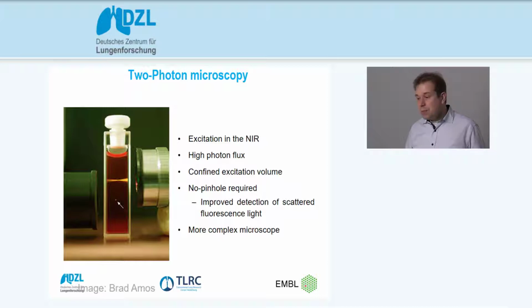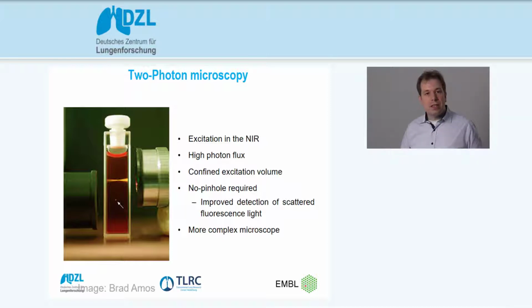This has the advantage that we can omit the pinhole in our system, and we can detect all the light that's coming back, and we know where it comes from because by excitation we have defined it. So in comparison to single photon excitation, where we're always exciting above and below our plane of interest, we can basically remove the pinhole.